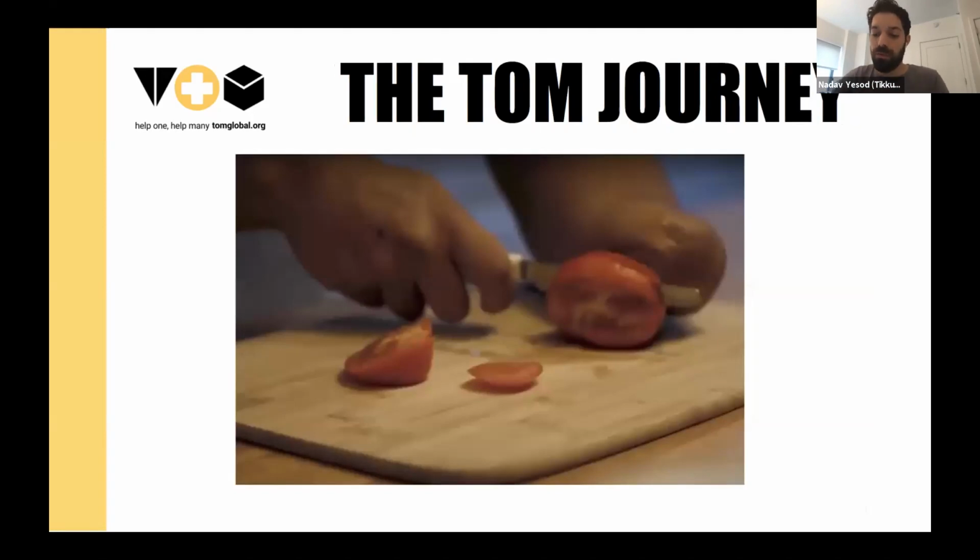So I want to take you through the Tom journey, and this will show you why and how Tom is so much needed. What I'm showing you now is the one hand of Noam, who came to us in Tel Aviv. He lost his other hand in an accident, and he wanted more than anything to regain his independence in the kitchen, being able to cut vegetables, prepare meals, carry pots and pans.